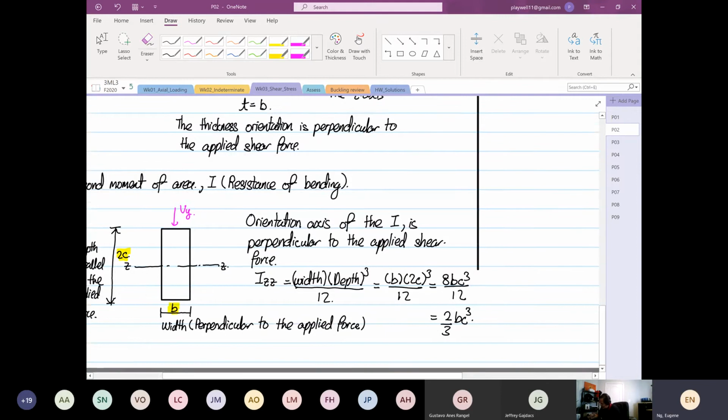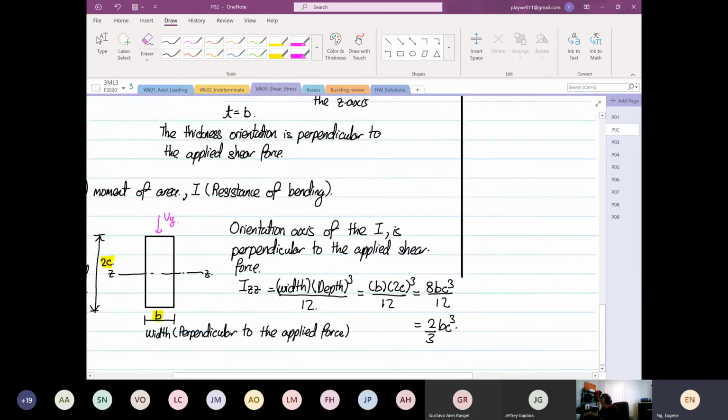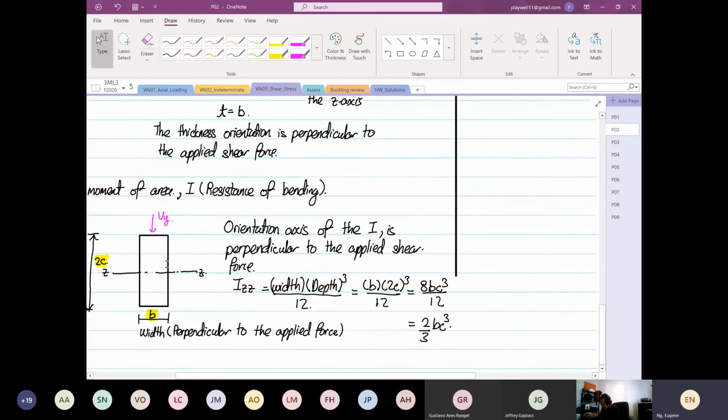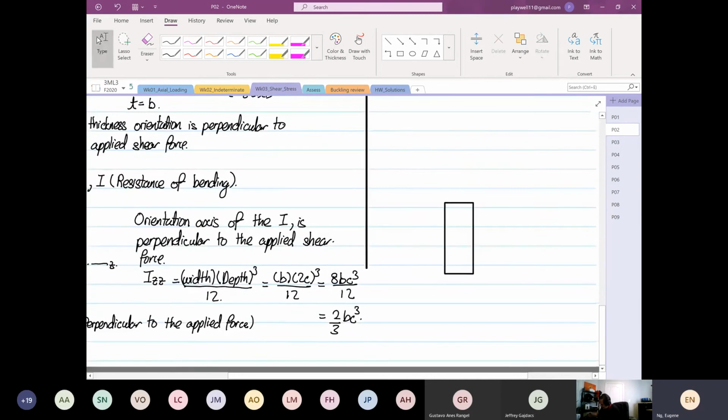Now, if you look at the other side now, if you look at this orientation now, what we're going to do is the same. Now the applied force is what? Is in the horizontal orientation. Okay, so transformation is still the same, right? So what we have now, this is where our Vy is, right?